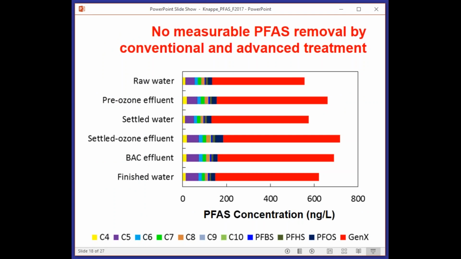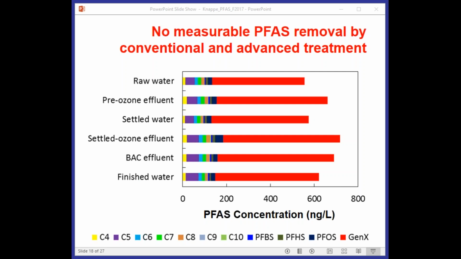And here, in this particular figure, I'm showing a very similar bar graph summarizing the concentration of the traditionally studied PFASs plus Gen X throughout this treatment plant. This is a treatment plant that employs advanced treatment processes. It uses both raw and settled water ozonation.